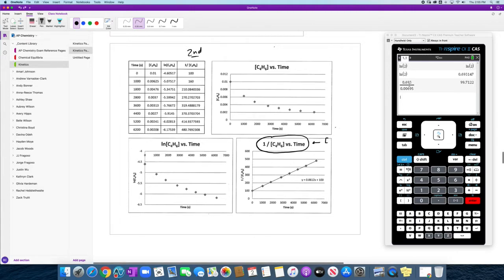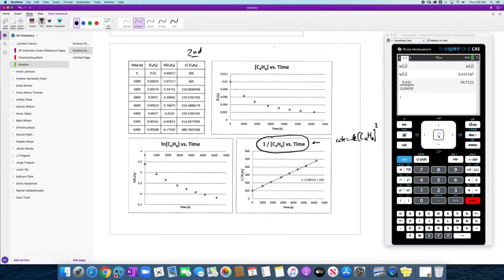So we could infer that the rate law would be k[C4H6] squared, because this is the linear plot. Now, since it's second order, the half-life is constantly changing. So let me just show you that the half-life is not constant throughout this reaction.